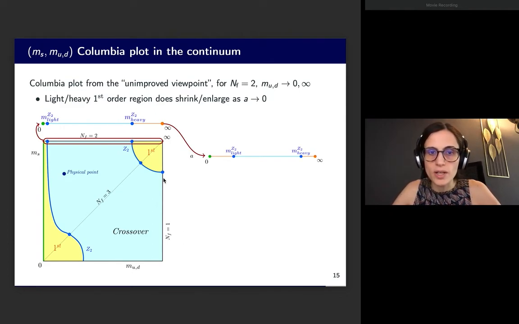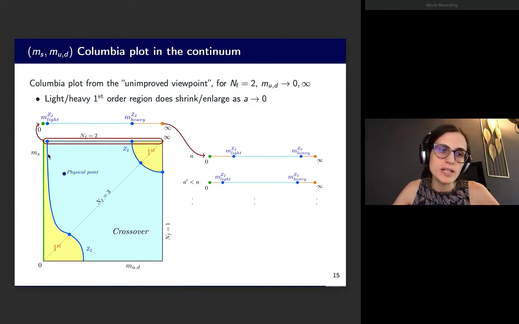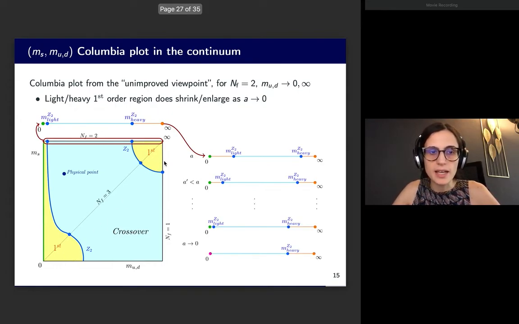It changes when you change the value of N_tau and you tune the temperature at the critical temperature. Particularly, it shrinks in this case, the first order region, it enlarges in the other case, and therefore when you send the lattice spacing to 0, there are still, when I am just looking at this axis, so at the case in which the strange becomes infinitely massive and I effectively have only 2 flavor species in my system, 2 possibilities.